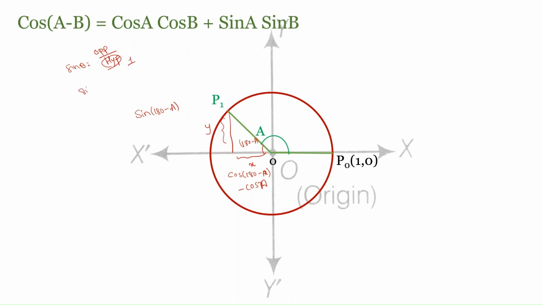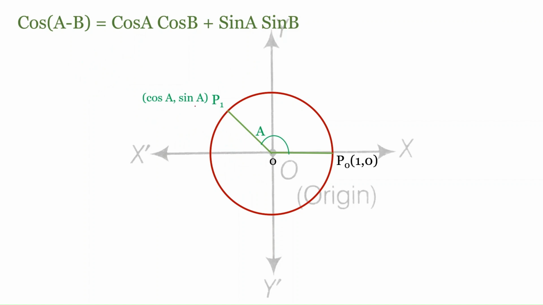In that case, we get sine theta is equal to the opposite side, whereas theta here is 180 minus A. So sine(180 minus A) is nothing but sine A. In the second quadrant, sine is positive, so we'll just have sine A. So this value of y is sine A, because of which we can write the x value, that is cos A, and then the y value, sine A. As it is in the second quadrant, the x will have the negative sign. Ignoring the sign here and considering only the value, we'll write cos A here. Coordinates for P1 are (cos A, sin A).